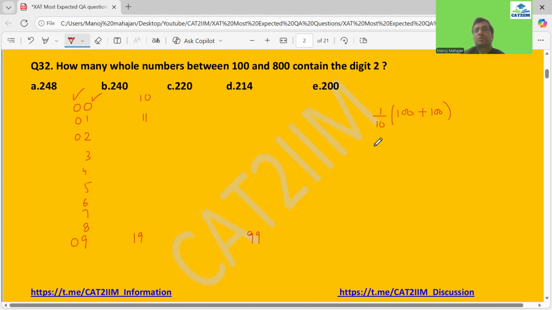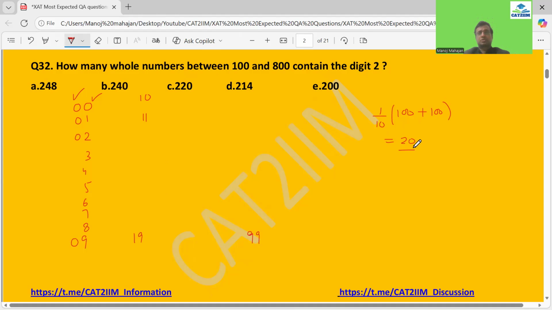If I calculate, this gives me 20. So the digit 1 would have been used in total 20 times if I write the whole numbers from 0 to 99.